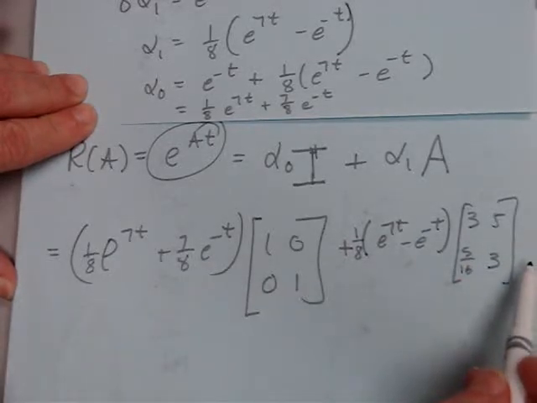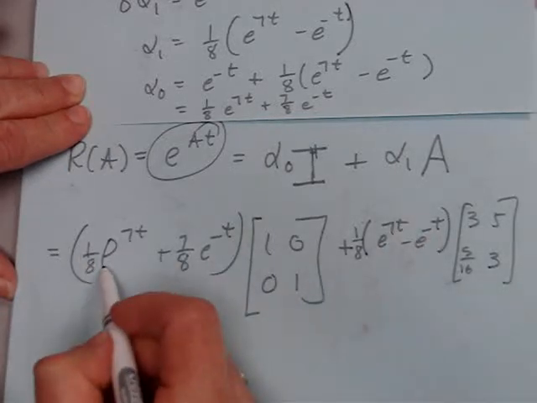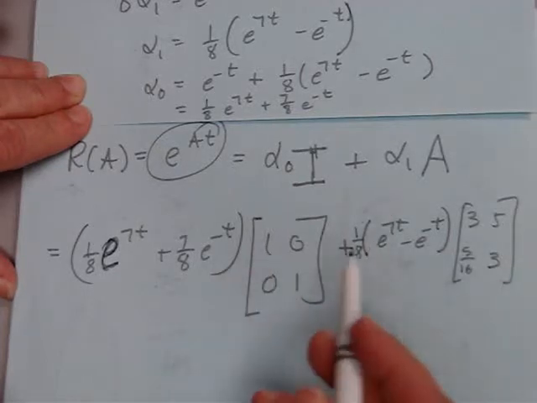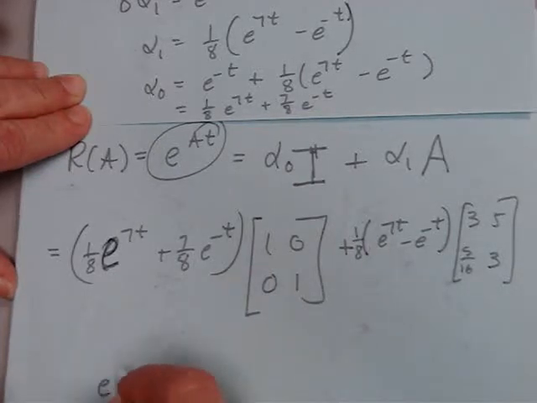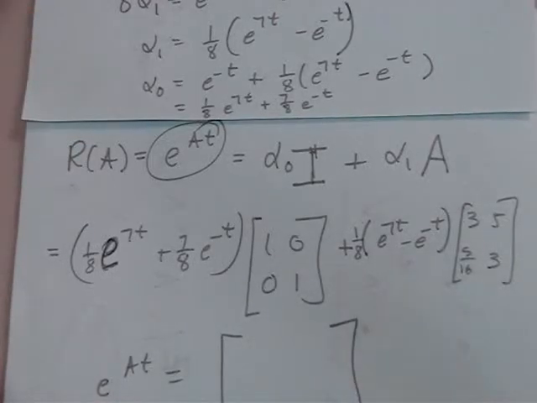Okay, so you just carry out the matrix math and you get an expression. There are no variables left now except for t, which is what we want, and you can get your e to the At equals some 2 by 2 matrix. I'll leave the rest for you to do in your homework problem, so you can pick for the problem which way you want to do it.